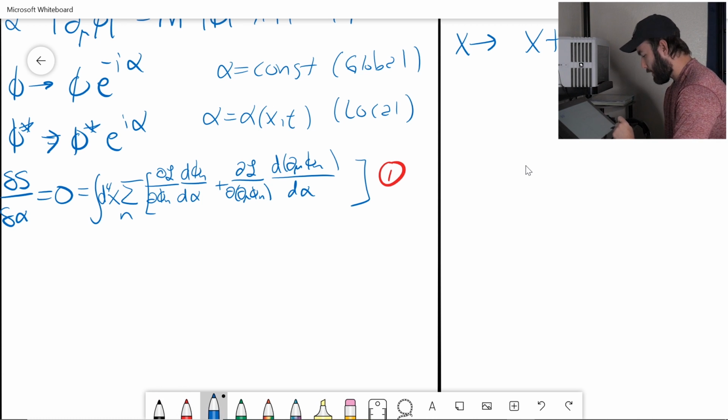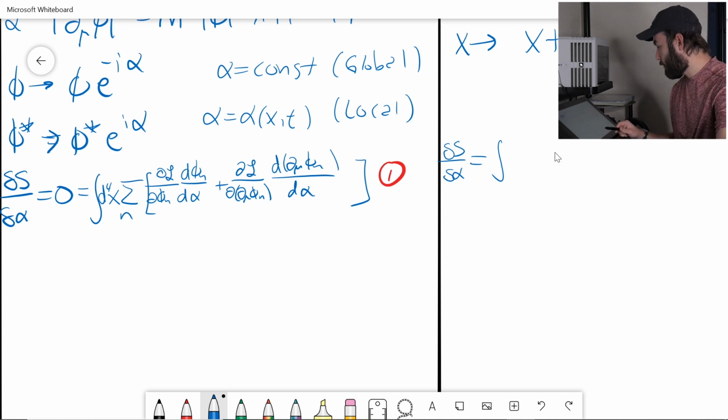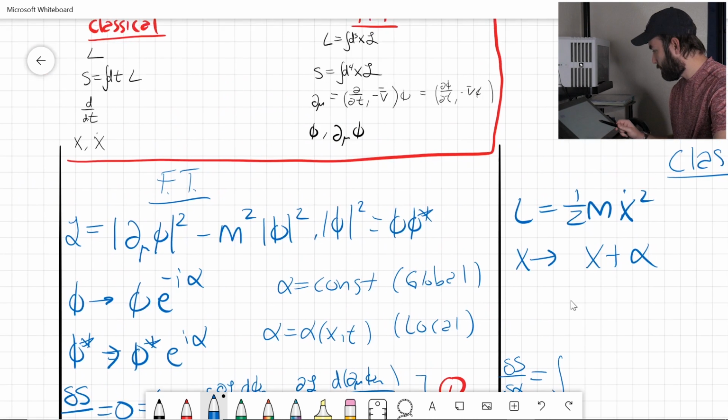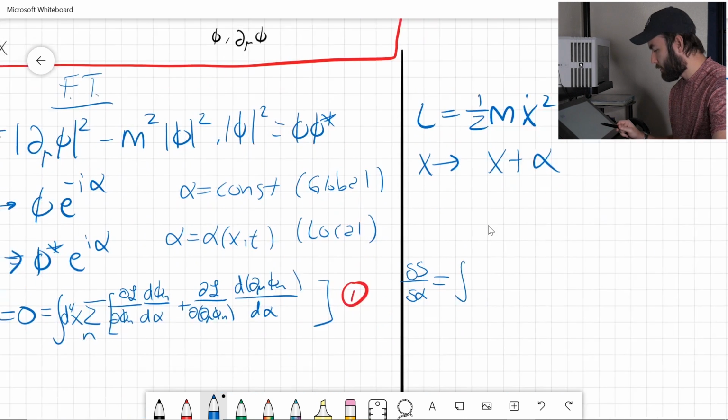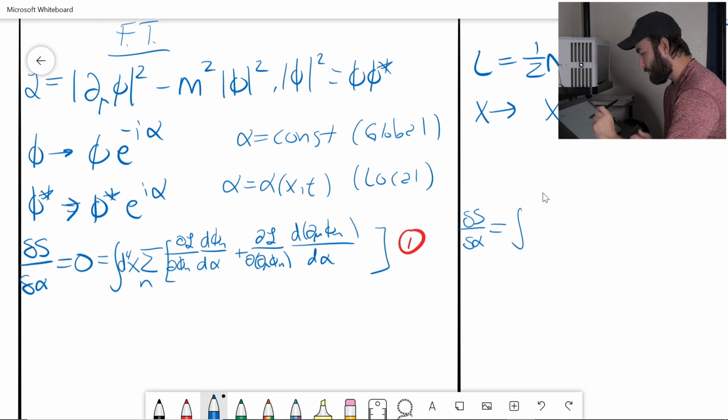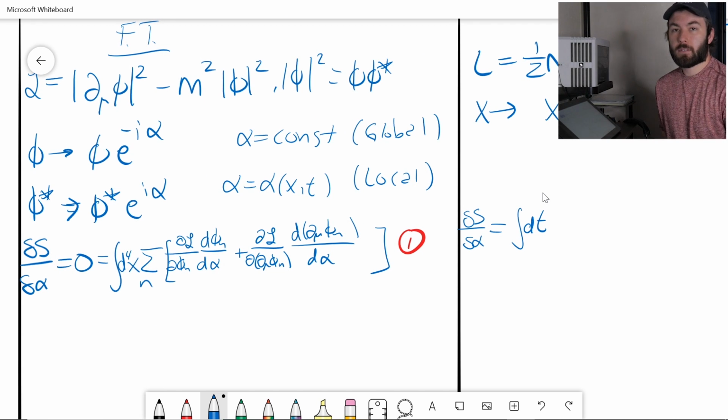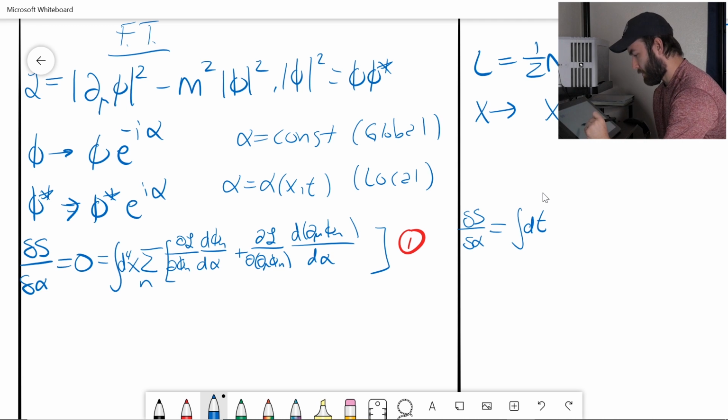Okay? So similarly, if we have dS over d alpha, that would be equal to the integral where the four-dimensional integration measure is replaced with a dt. Instead of summing over the fields, we're going to be summing over the coordinates and their derivatives.